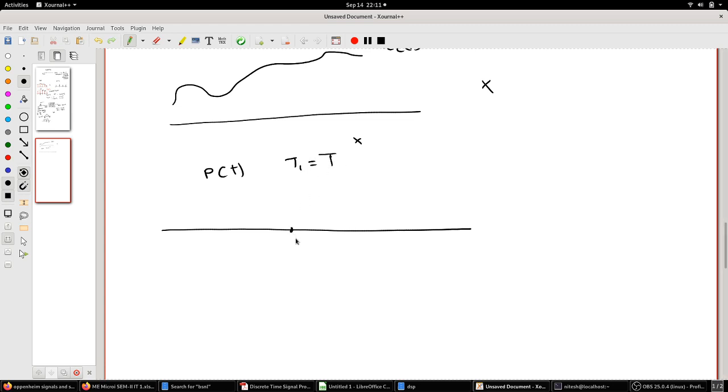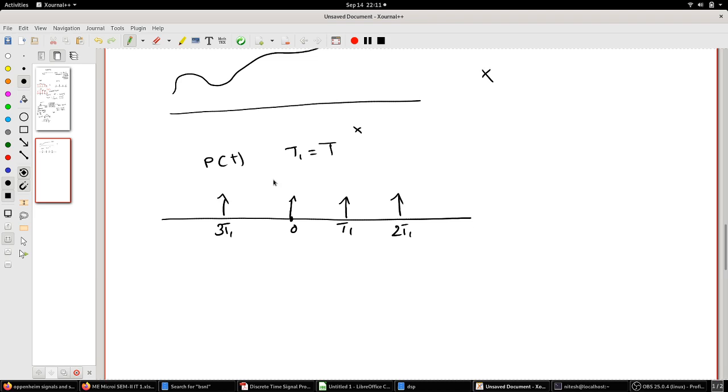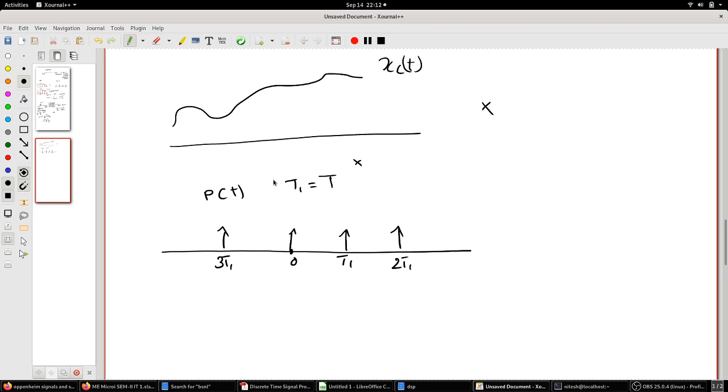So this is 0, this is t1, this is 2t1, this is 3t1, and so on. That's the period of your pulse train. If I multiply this, I am going to get samples at these particular points.